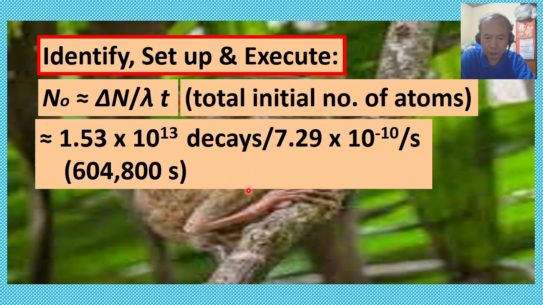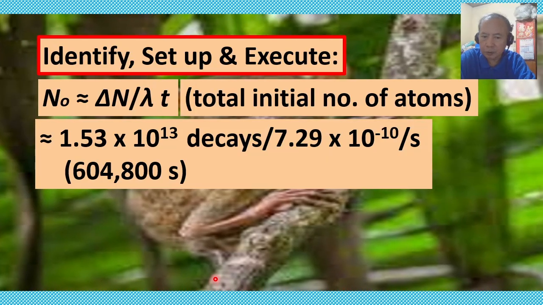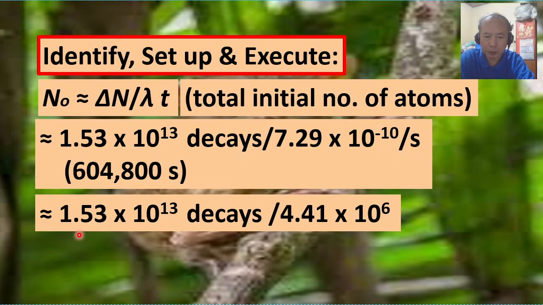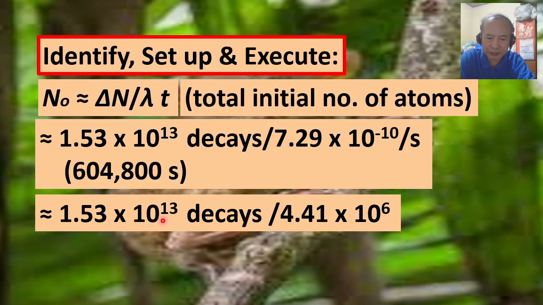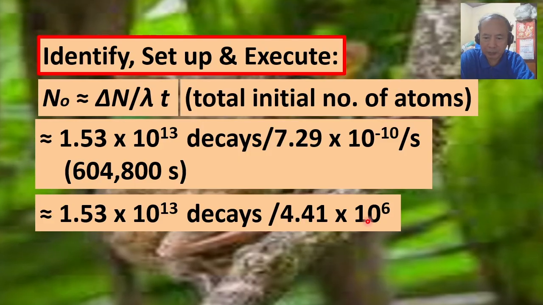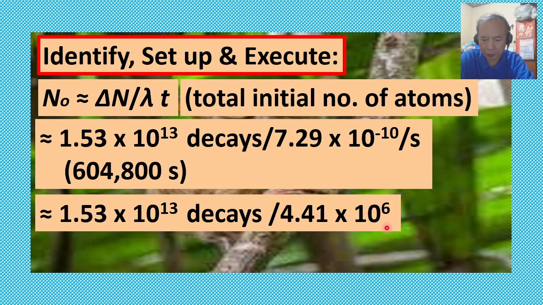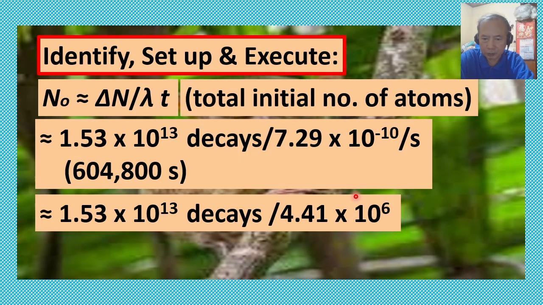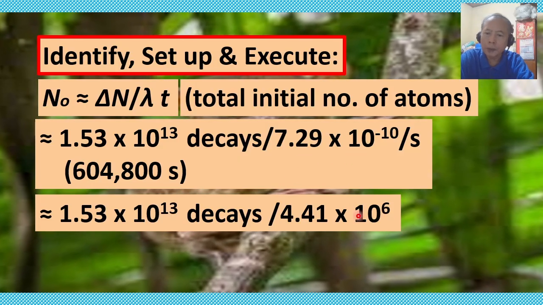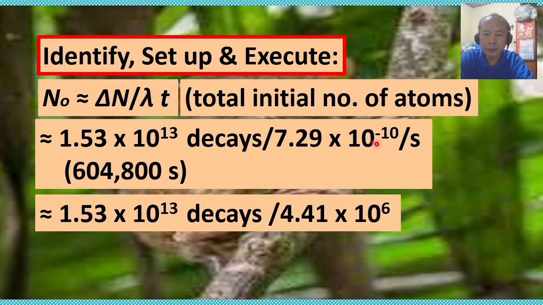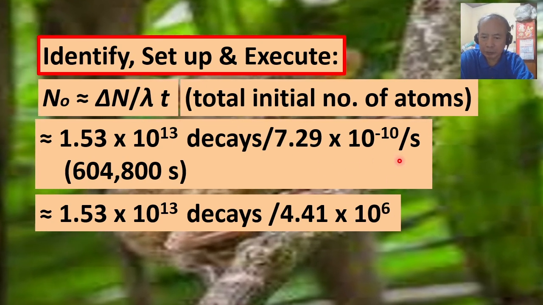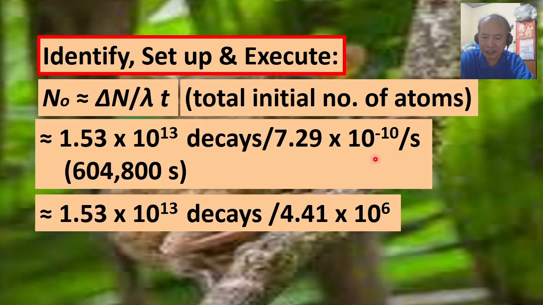So when you do our math, this simplifies to 1.53 times 10 to the 13th power decays divided by 4.41 times 10 to the 6th power, right? So the product of the decay constant lambda and the time t is a unitless quantity because the unit of time second cancels out.